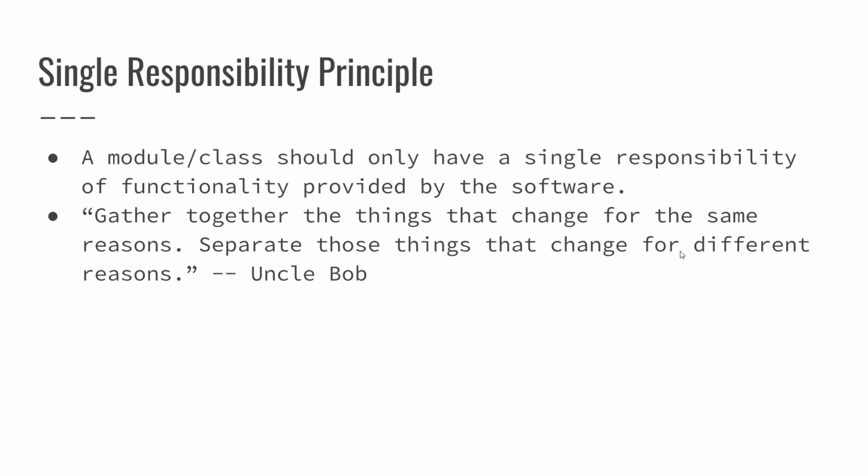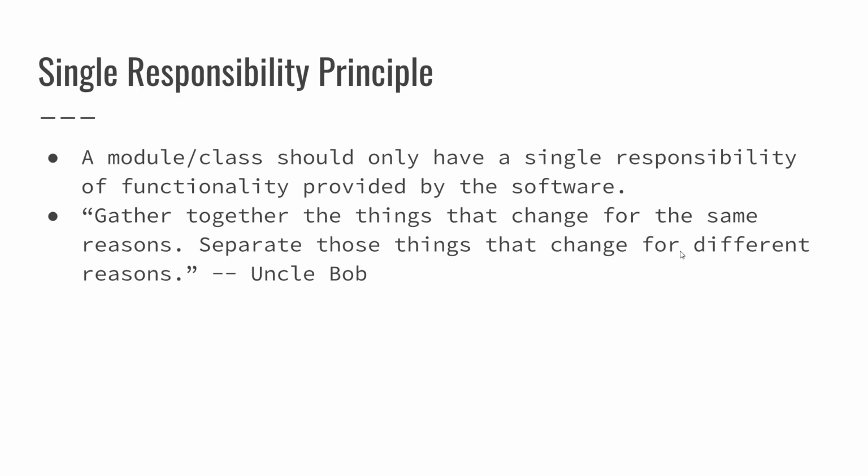All right, the single responsibility principle. A module or class should only have a single responsibility provided by the software. So basically, the software that you're writing should only require any single module or class to do one thing and one thing only. It should do that one thing extremely well and nothing else.